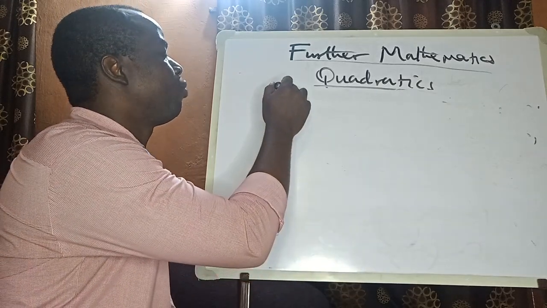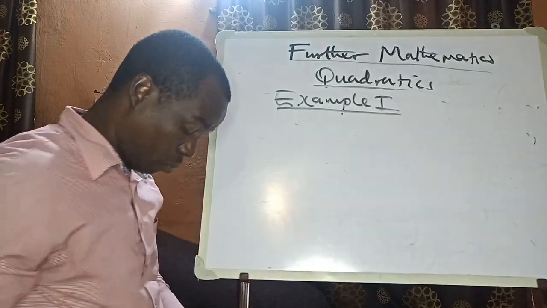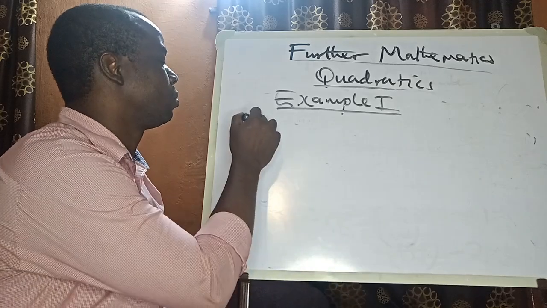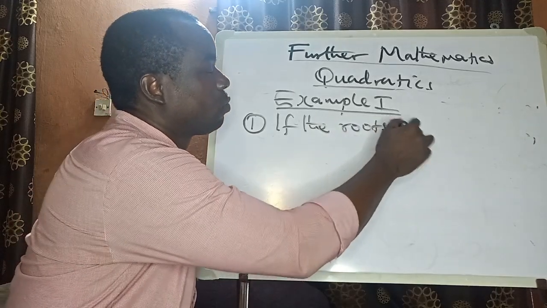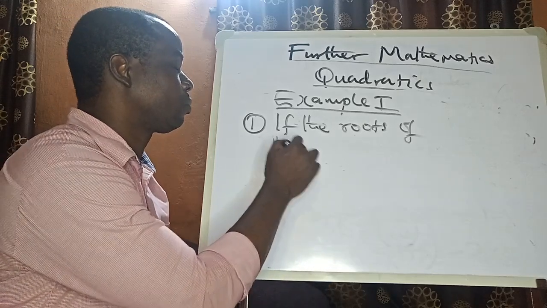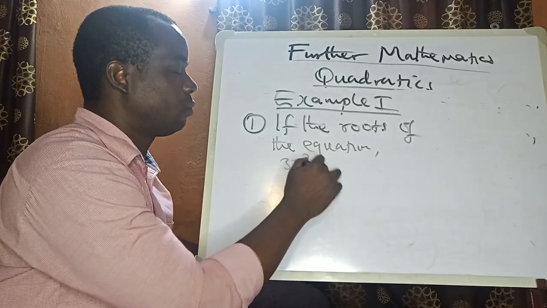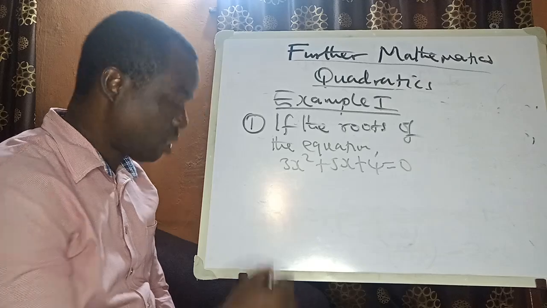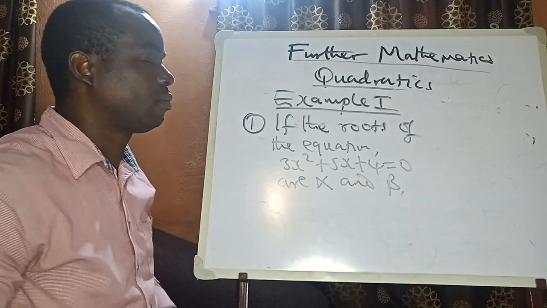So example 1. If the roots of the equation 3x squared plus 5x plus 4 is equal to 0 are alpha and beta, are we good?